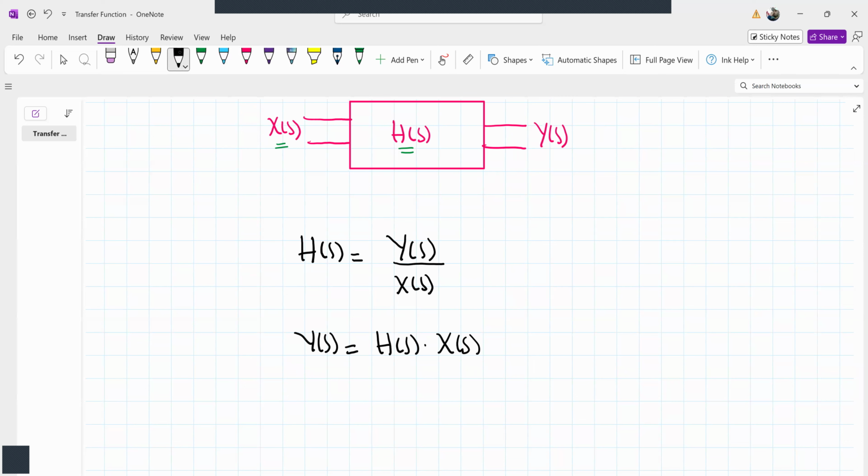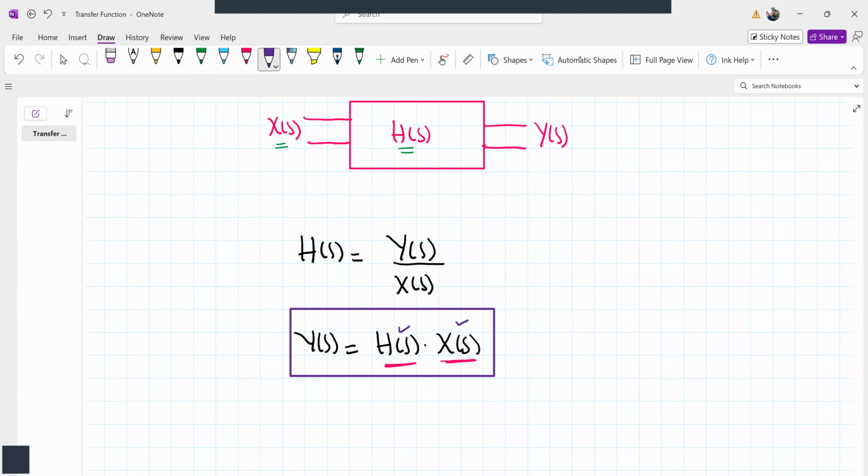So how do we obtain the output of a system or network in transform domain? We multiply the input with the transfer function. That's how we obtain the output in transform domain. Input multiplied by transfer function is the output.